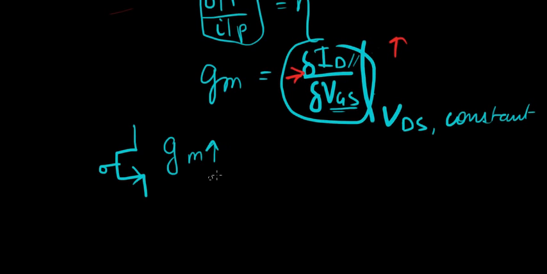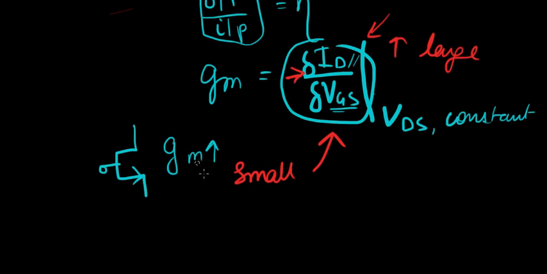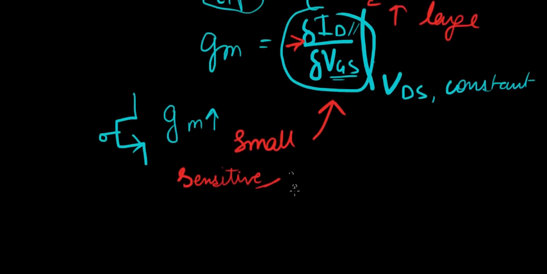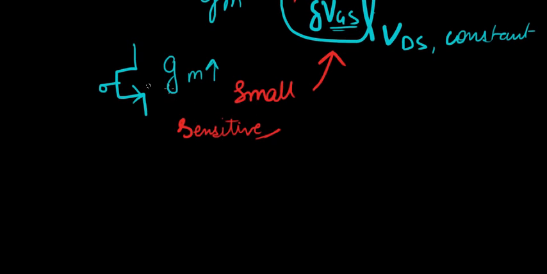That means for a small change in VGS, I'm getting a large change in current, correct? And that's what we desire, is that the MOSFET is really sensitive to the input that we are giving it, right? So GM is a measure of the sensitivity of a MOSFET.